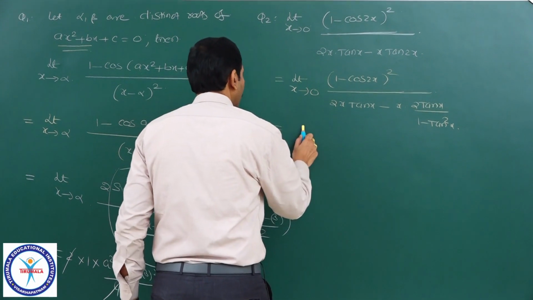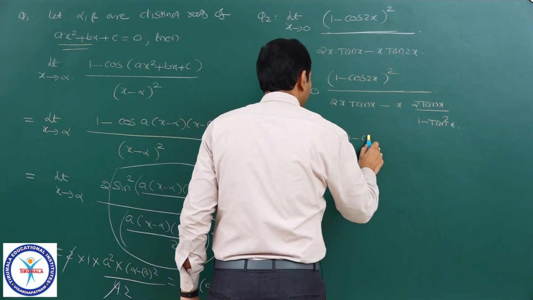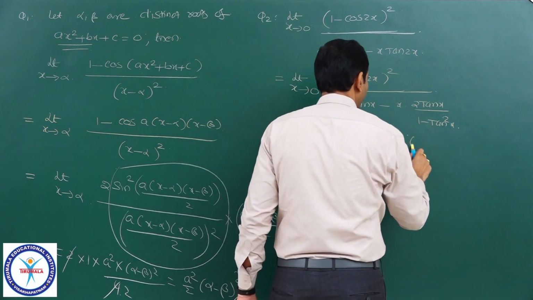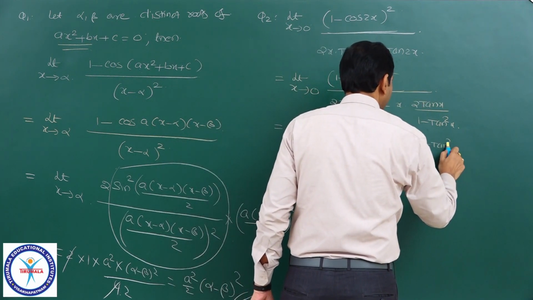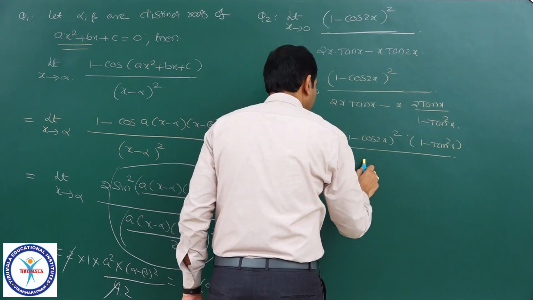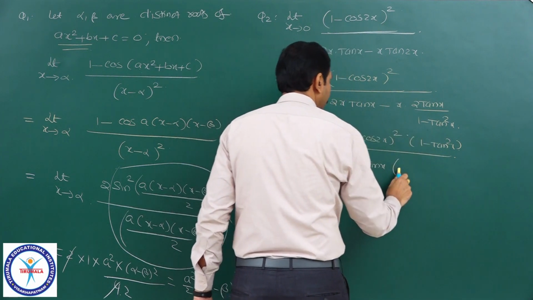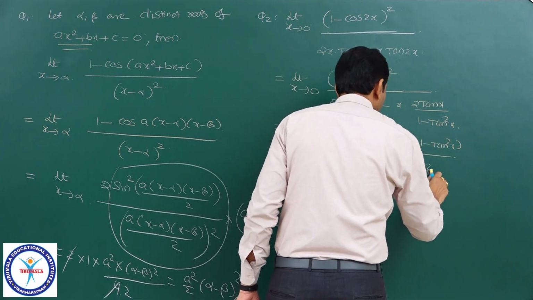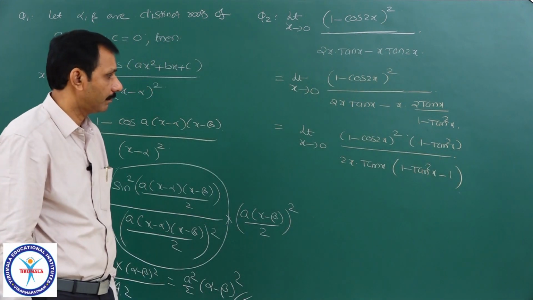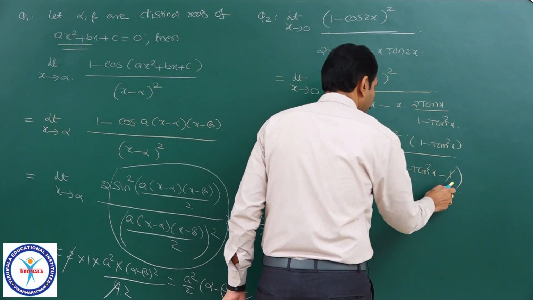It is equal to limit x tends to 0, numerator 1 minus cos 2x whole square into 1 minus tan square x, by 2x tan x common into, LCM, 1 minus tan square x minus 1. This is the simplification. This 1 and minus 1 cancel.